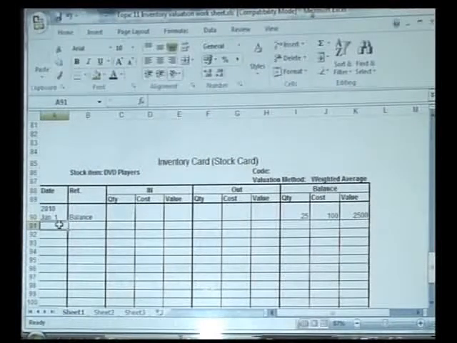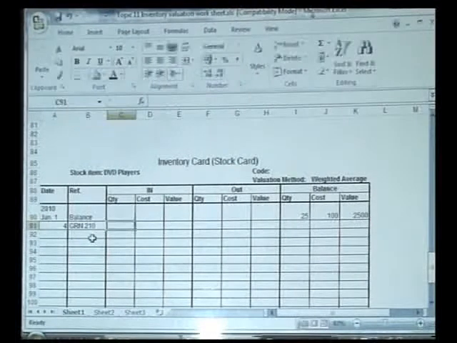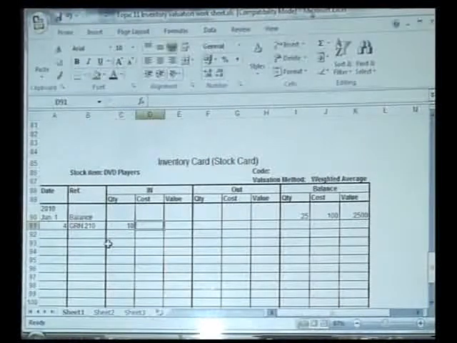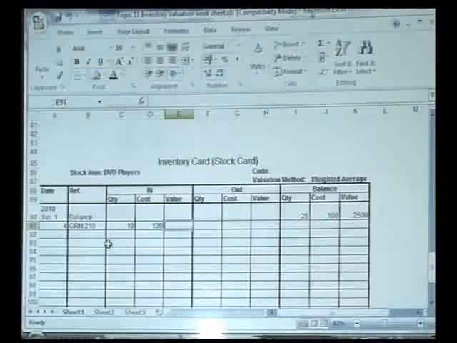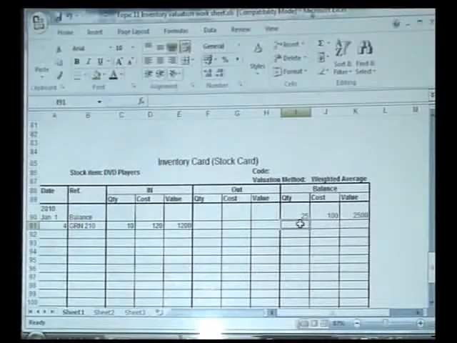On 4th, purchased, GRN 210, 10 units at 120 kina, 1,200. Now the stock consists of 25 plus 10. It is 35.